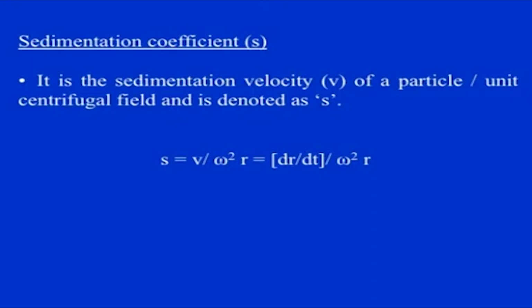It could be expressed as the sedimentation rate or sedimentation velocity of a particular particle per unit centrifugal field, and denoted by the equation small s equals v, that is velocity, upon omega square r. The sedimentation rate could be expressed in terms of the sedimentation coefficient.